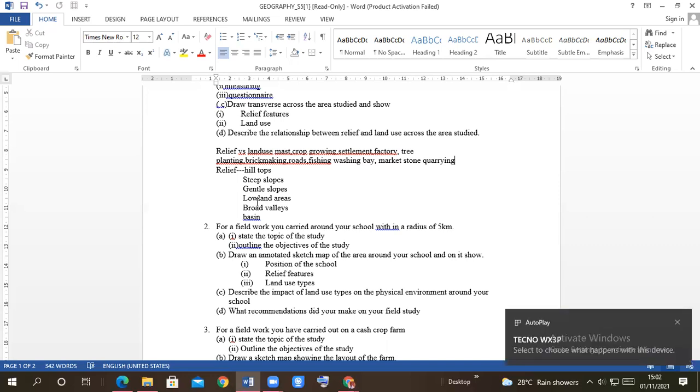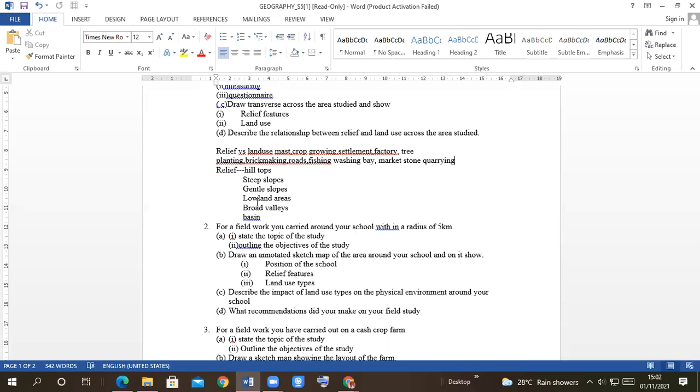And these phrases, we have said, what we call has encouraged, enabled, favored, facilitated, influenced. But if the question was to describe the influence of relief on land use, don't repeat the word influence, then it won't work.